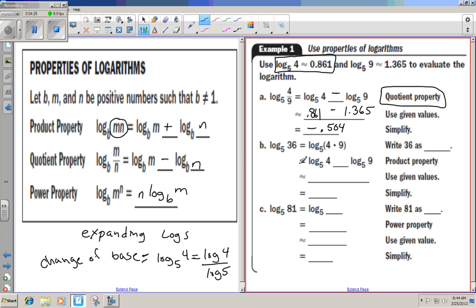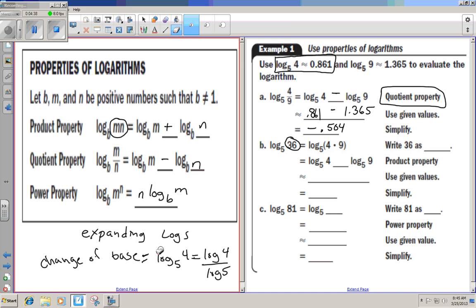Here, log base 5 of 36. Well, 36 can be rewritten as log base 5 of 4 times 9. Now, of course, you could use the change of base formula and say that this is just log 36 over log 5, and it should give you the exact same answer.